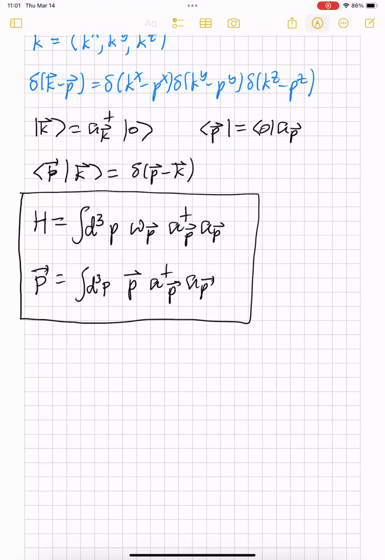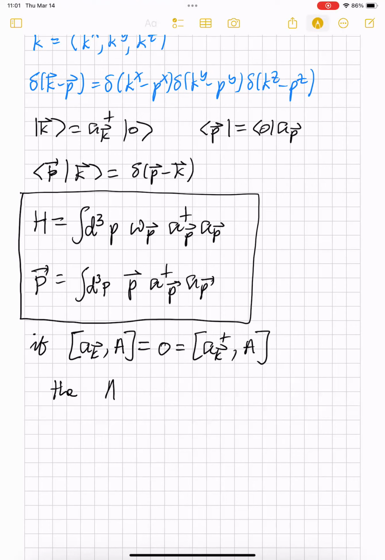We can also say how big is the Fock space. And the way that we would say it now, we would say if we have some operator, capital A, and if it commutes with a_k and it commutes with a_k dagger, then A should be proportional to the identity.